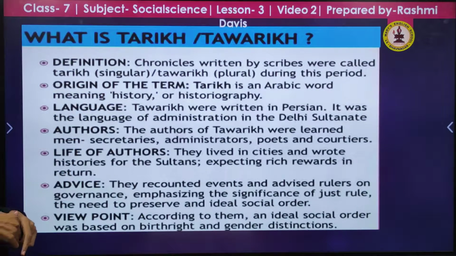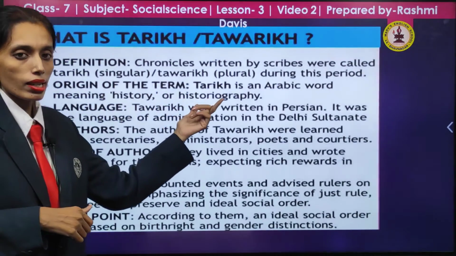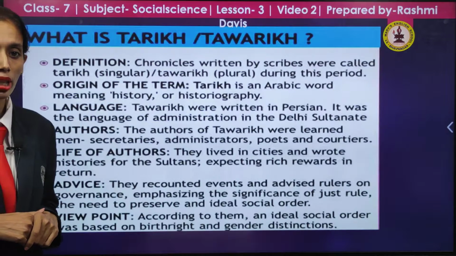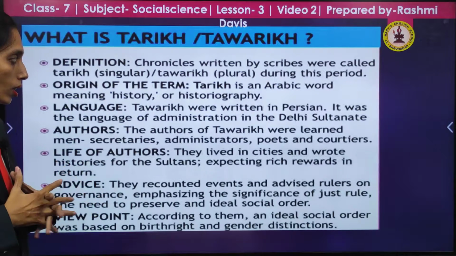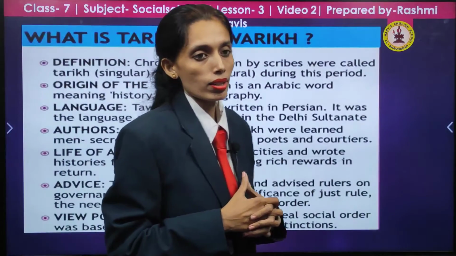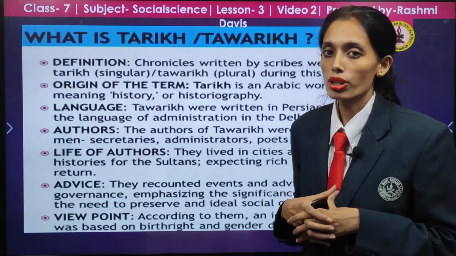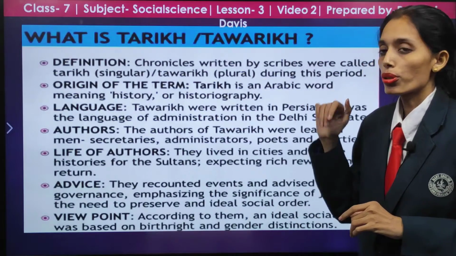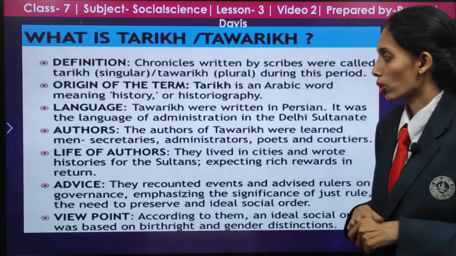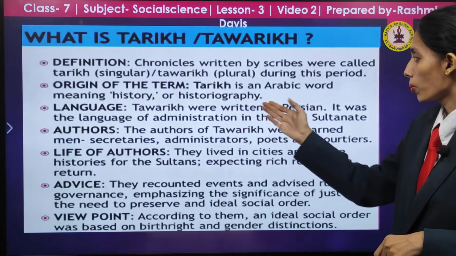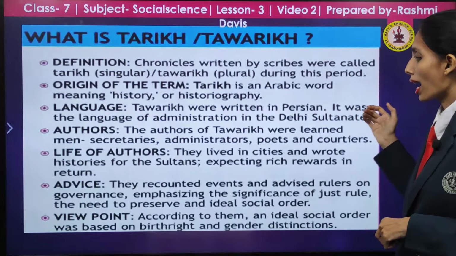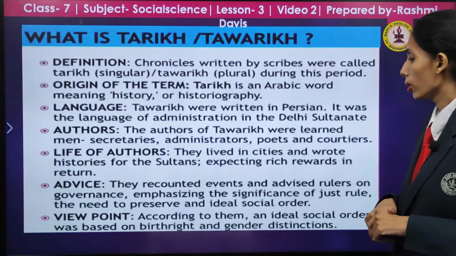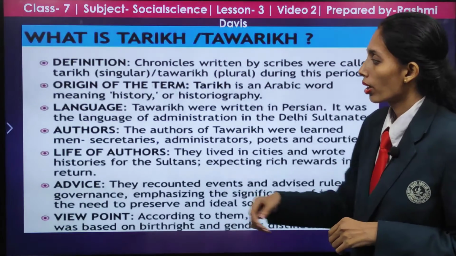Origin of the term: Tarikh is an Arabic word meaning history or historiography. Language: Tarikh were written in the Persian language, which was the language of administration in the Delhi Sultans' time.